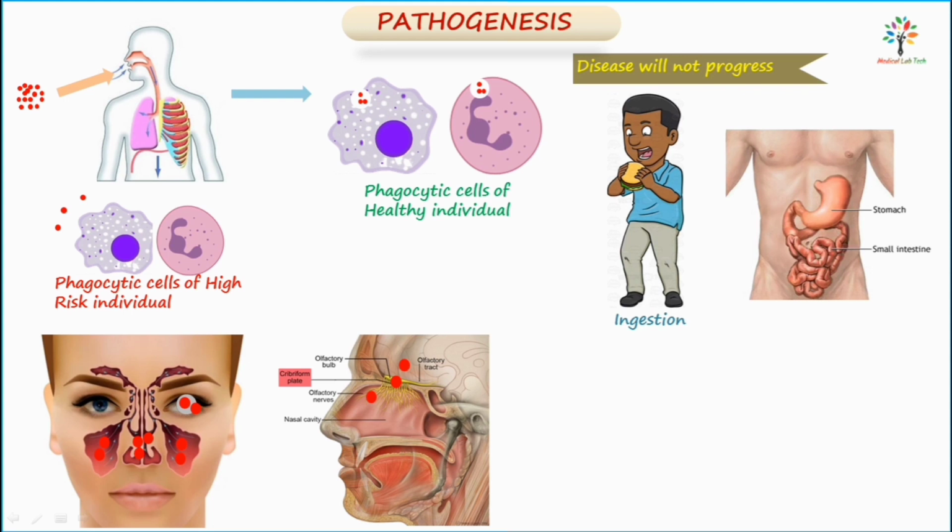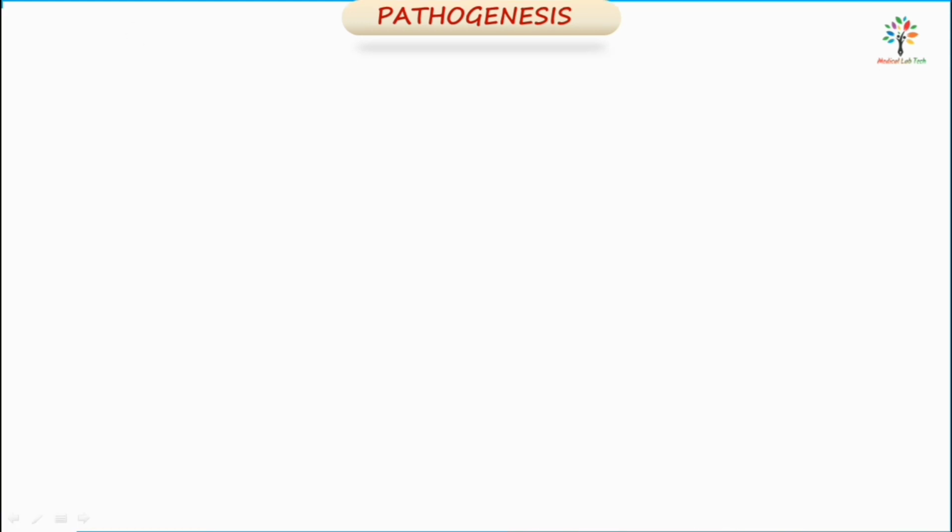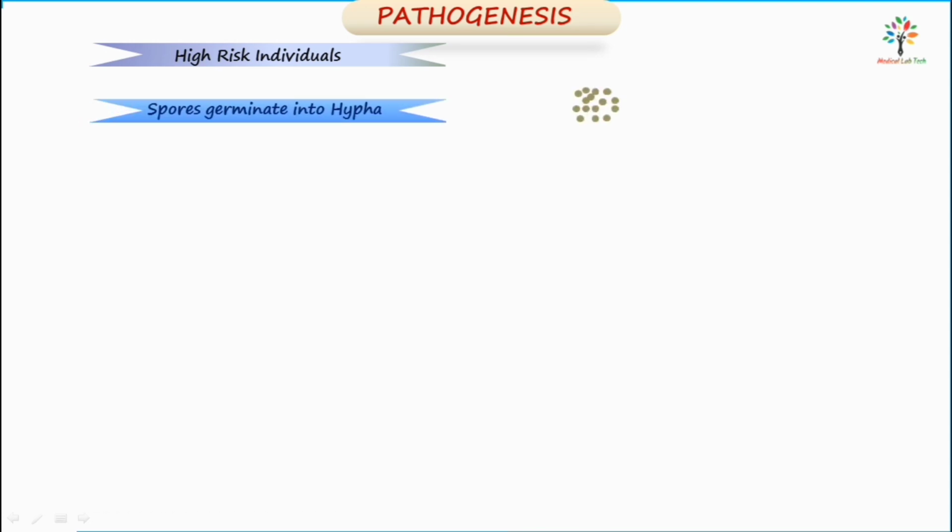Intestinal involvement is rare. If the fungus contacts injured skin, then the skin is involved. In healthy individuals, the fungi cannot infect. But in high risk individuals, the spores will germinate into the hyphal form. The spores will become hyphae in the body. The spores are resistant to the environment. Spores will not get damaged.